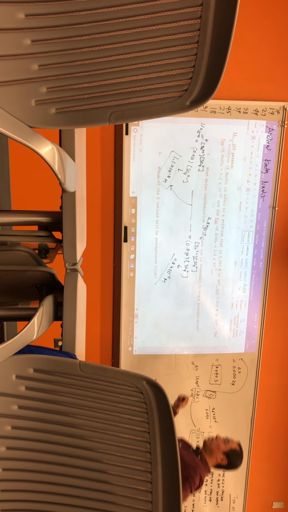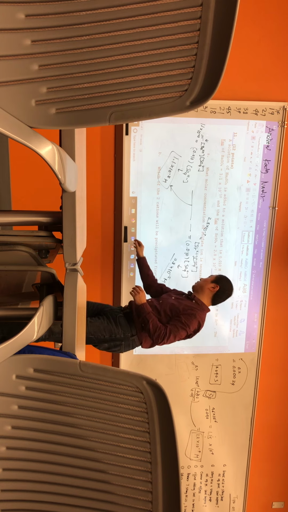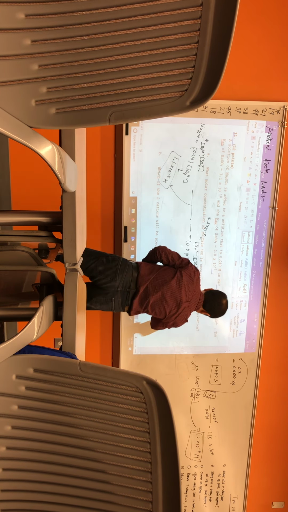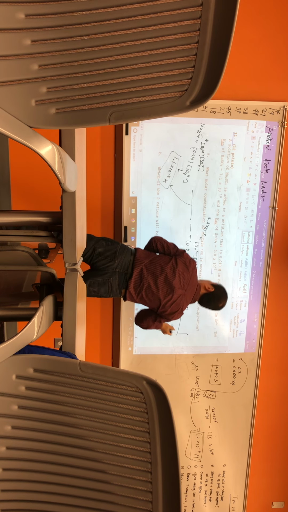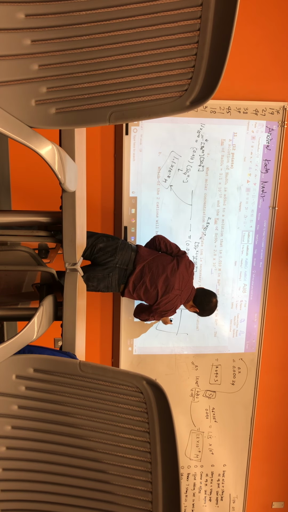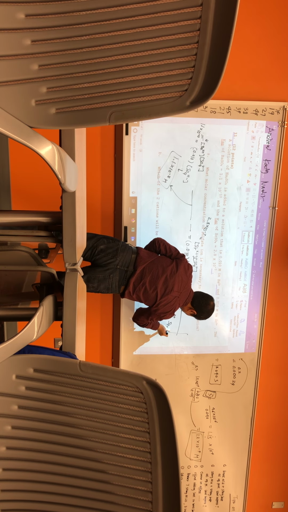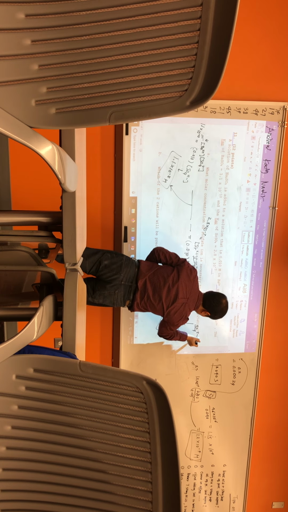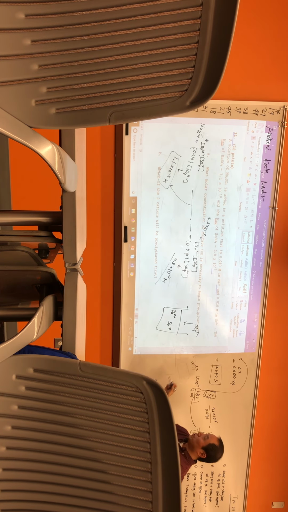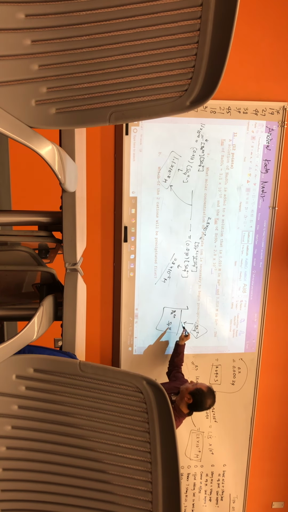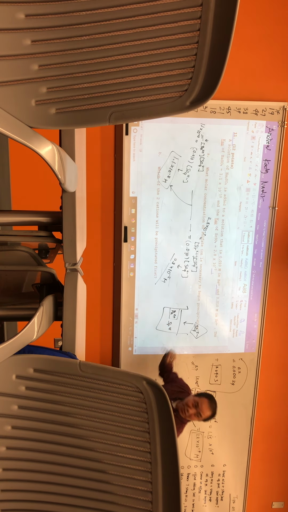So this constant is in solution. So when you add, let's say I added this much, and that was used to remove all of this guy.